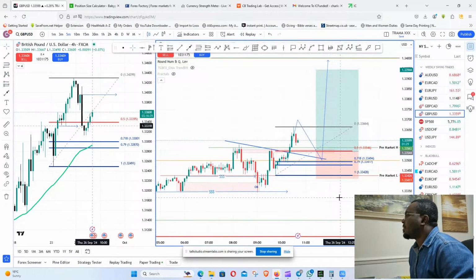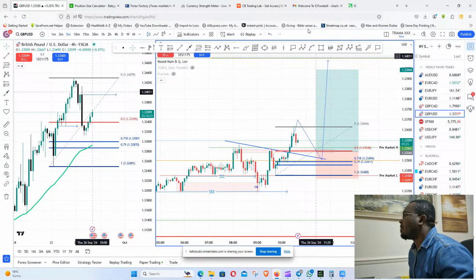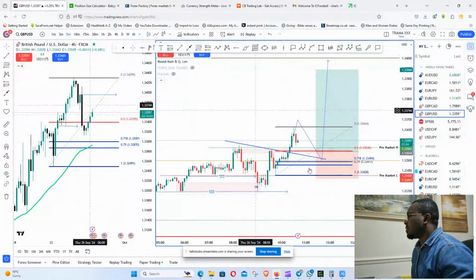If it doesn't retrace back to our entry before the news, before 12 o'clock, we'll probably just get out, because it's better to leave before the news. By 1:30 and 2:30, we should not be trading on this market. So within that time frame, just leave.